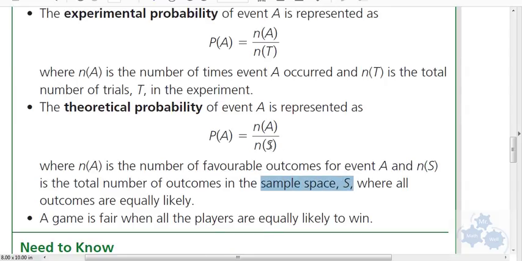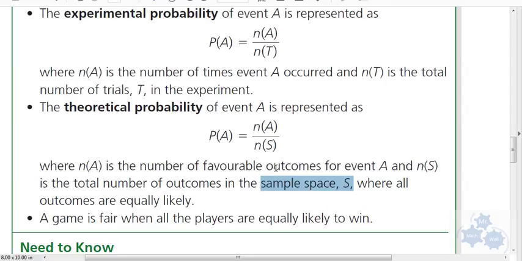So that's the difference there, the sample space. So T is the number of trials that we do, and S is the sample space. And that sample space is considered where each outcome in the sample space is equally likely.